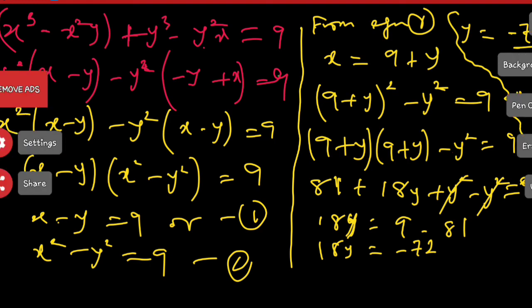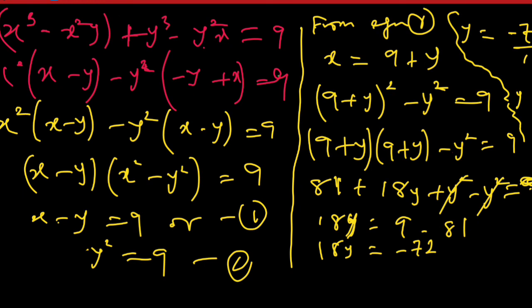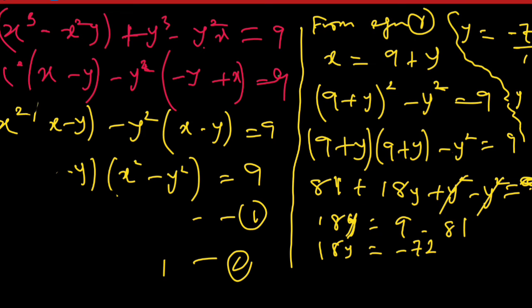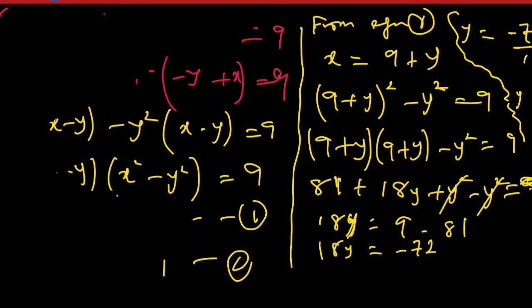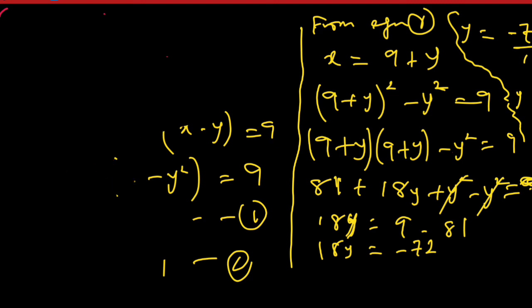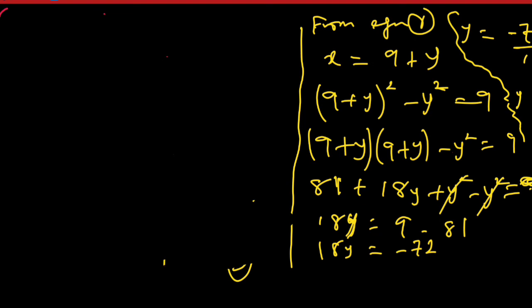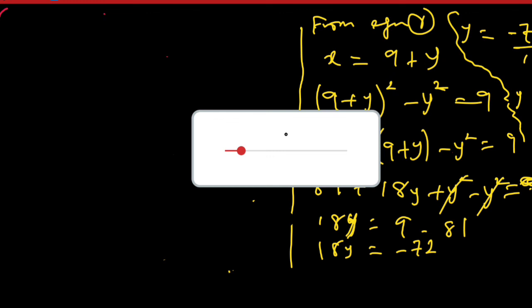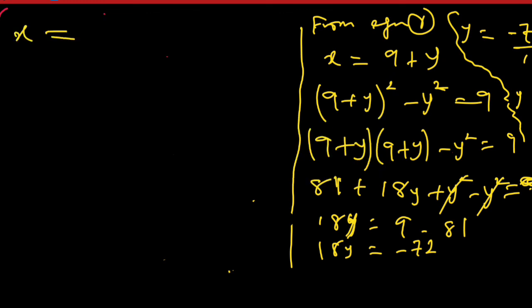So now I can easily find my value of x. Now note, my value of x is equals to 9 plus y, and I've gotten my y to be equals to minus 4, then my x will be equals to 9 minus 4, which will give rise to 5.